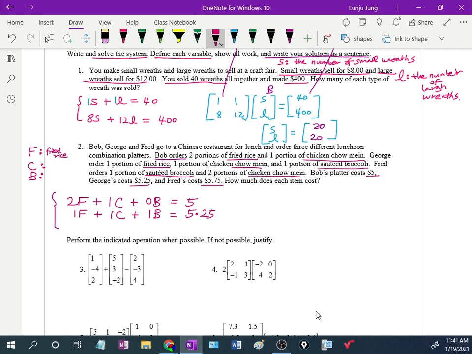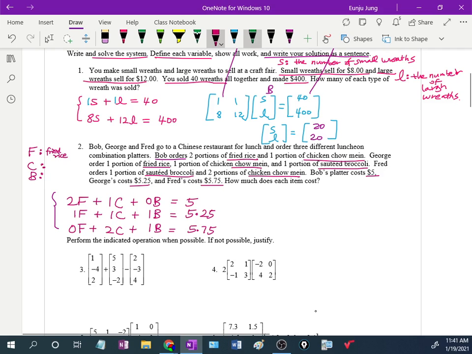And the third person, Fred, ordered 1 portion of sauteed broccoli and 2 portions of chicken chow mein. So I put 0 for the first variable, and then we have the equations. Can you check the equations before I move on to the matrix?